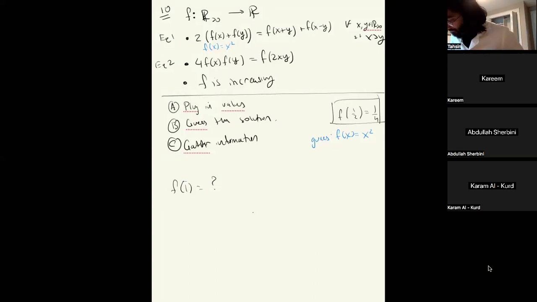So we have maybe from equation 1, we get 2f of x plus 2f of 1 equals f of x plus 1 plus f of x minus 1. So if we knew f of 1, we can actually get f of any integer.